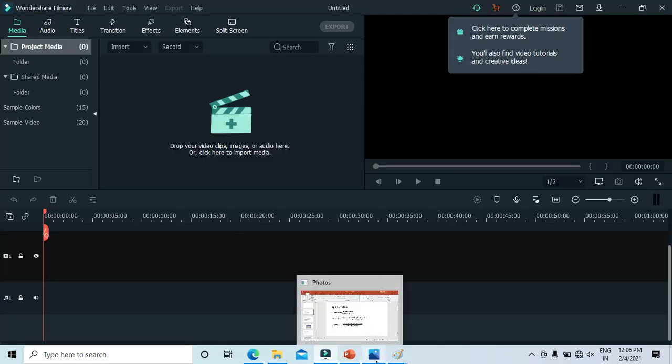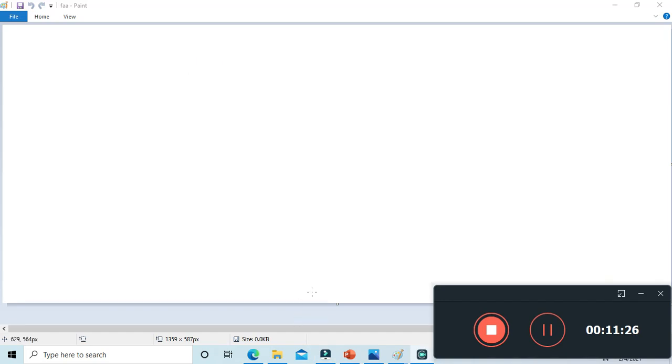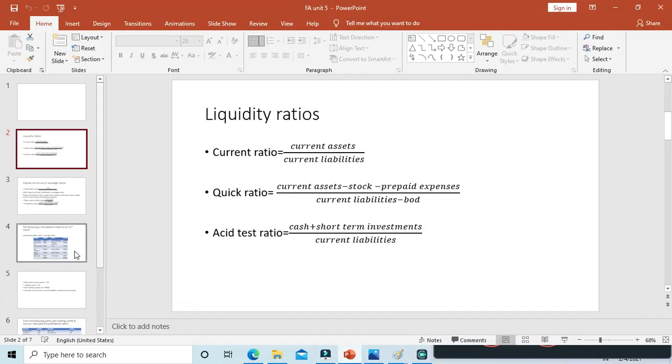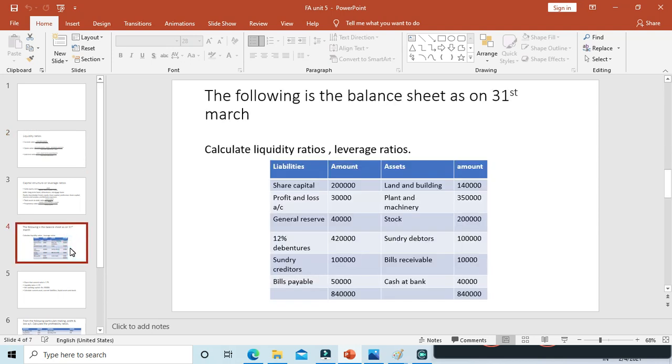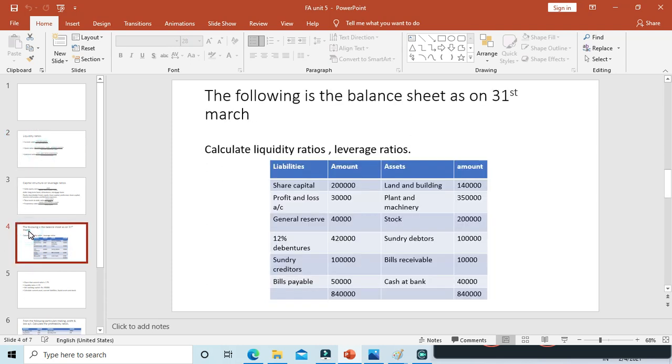Equity shareholder fund includes, if you see this, equity share capital, preference share capital, reserves and surplus, and preliminary expenses. So we'll take those all.